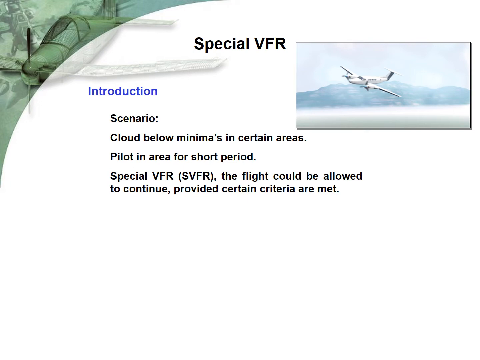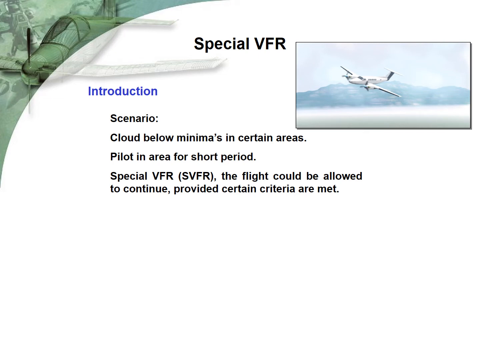Because we're talking about special VFR, the pilot is going to be allowed only if he meets certain criteria pertaining to special VFR, and therefore the pilot will be allowed to continue with the flight into these weather conditions.